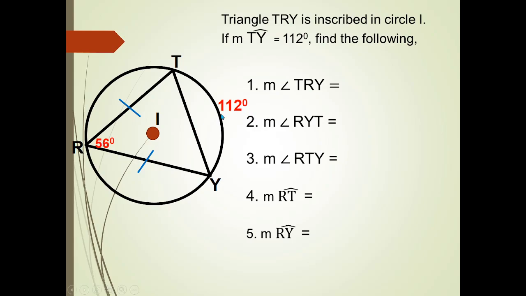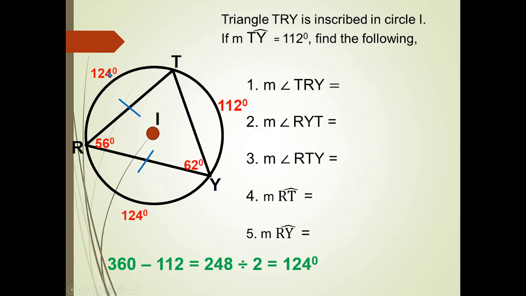And then we will get the measure of these arcs. We know that one complete revolution is 360, so subtract 112 and then divide by 2, which is 124. Why divide by 2? Because they are two equal sides. So this arc is equal to 124 degrees, as well as this one.